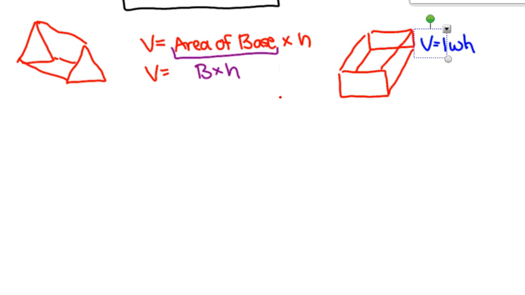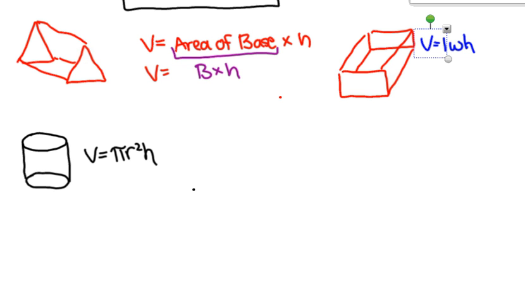The third one that we've looked at so far is the cylinder. Remember, the cylinder has those circles for the top and bottom. And the formula that we use to find the volume of a cylinder is volume is equal to pi times r squared times h.